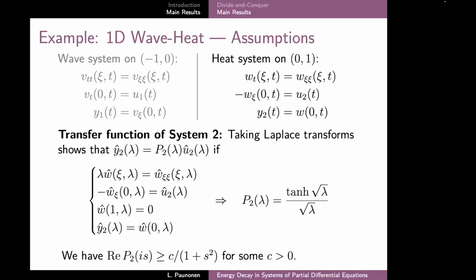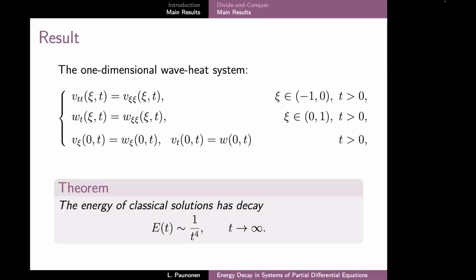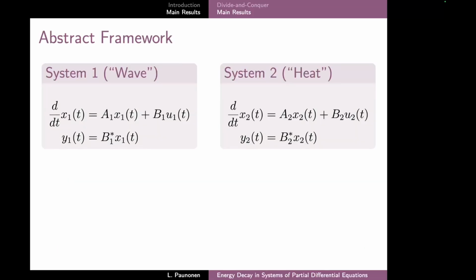Putting all of this information together, we arrive at our main result, which says that we do have, for our wave heat system, decay of energy of all classical solutions as t goes to infinity, and then we get a nice rational decay rate for the solutions, and it's even possible to show for this model that this decay is optimal.